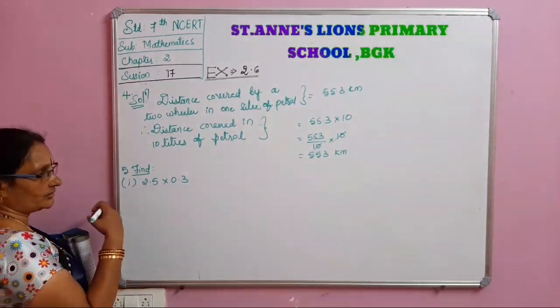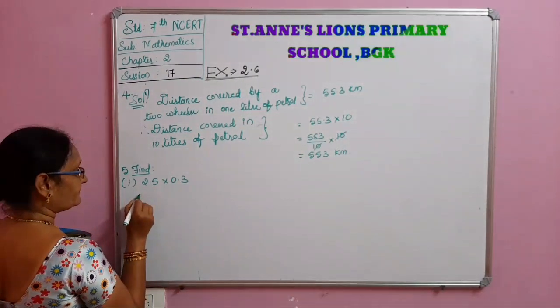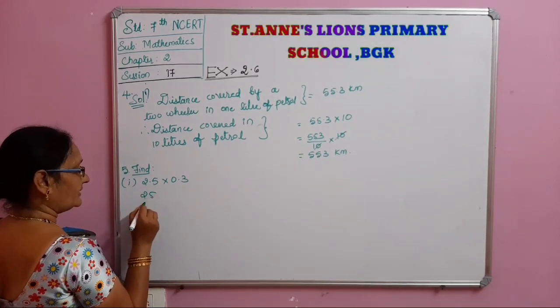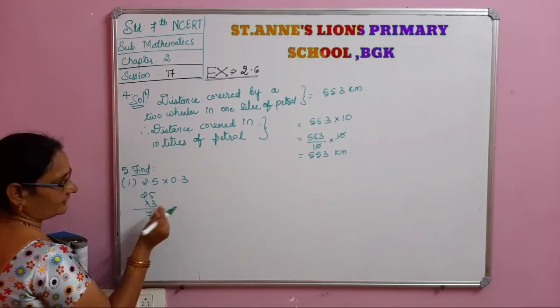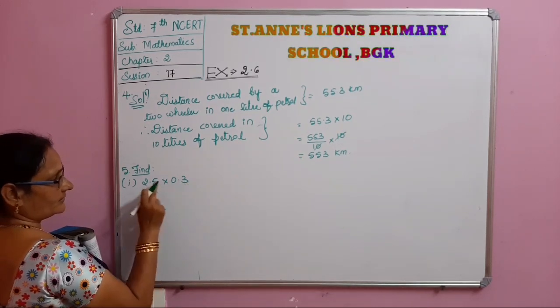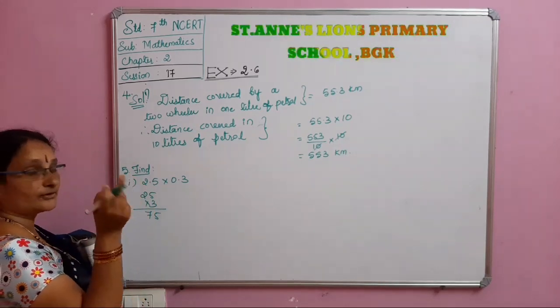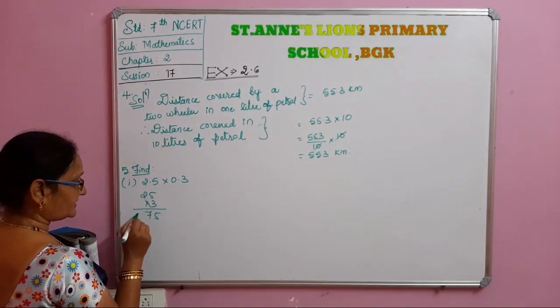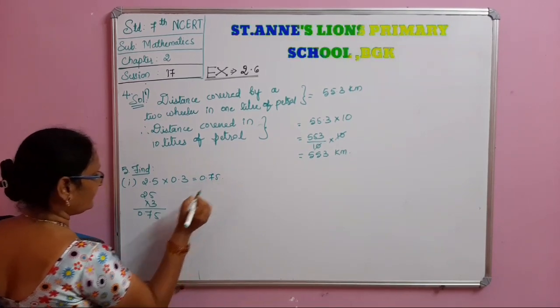First we remove the decimal and multiply. Afterwards we can give the decimal. See, 25 into 3. 25 3s are 75. After how many places? 1 here, 1 here, 1 plus 1 is 2. After 2 places, that means the decimal comes here. So the answer is 0.75.